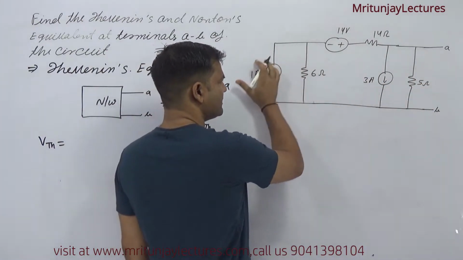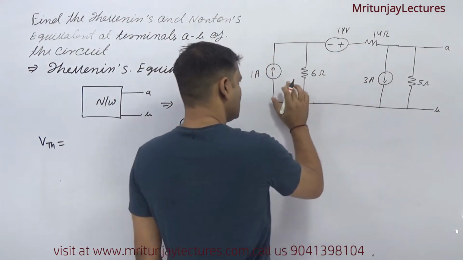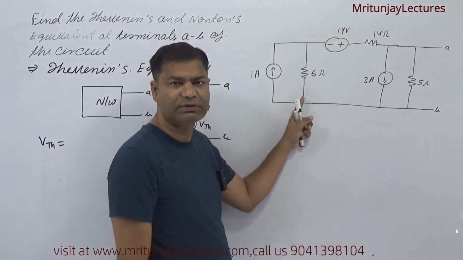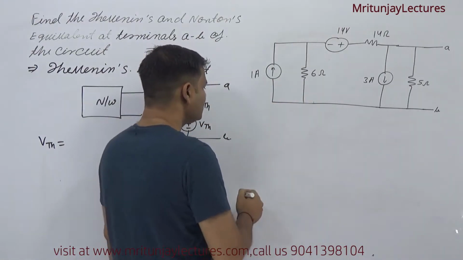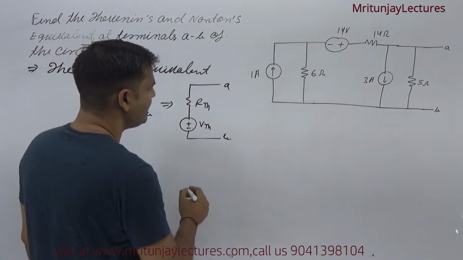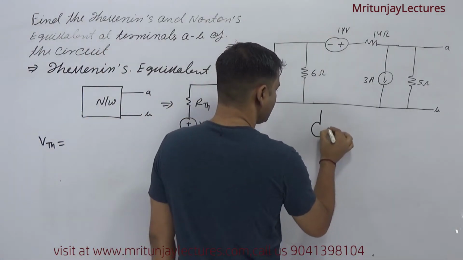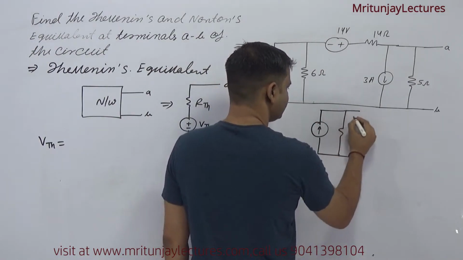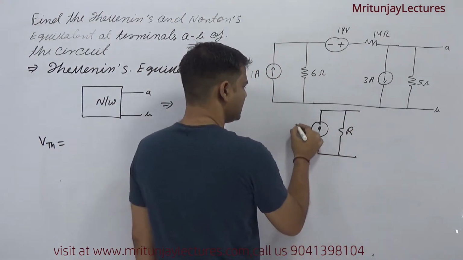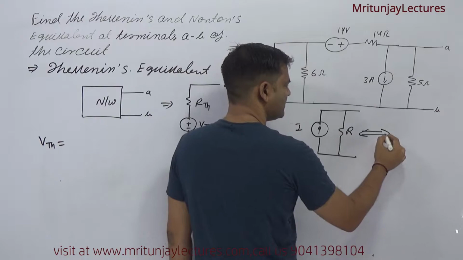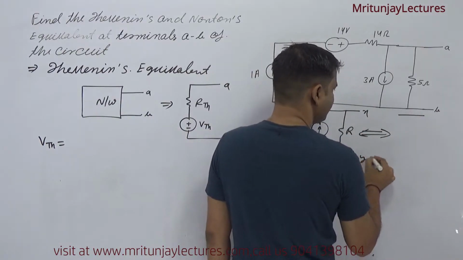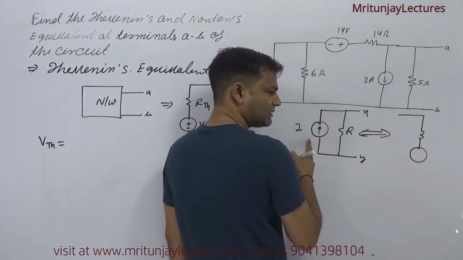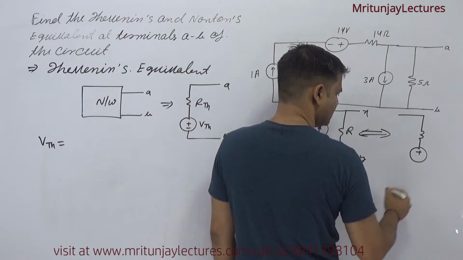First of all, this circuit is given like this. With the help of source transformation, you can convert it. I know what source transformation is, I have already discussed it. If the direction of current is like this, with a parallel resistance R and current I, then with the help of source transformation, at the XY terminal it is converted to a series resistance, and if the direction of current is upward, then the upper terminal is positive and the lower is negative.